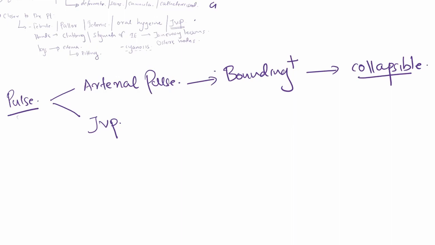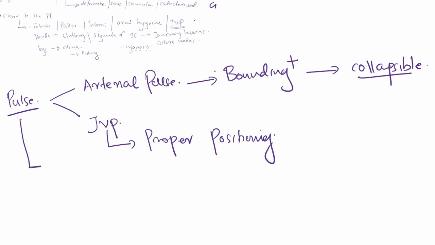Next, you have to check the JVP. So you need to ask the examiner for proper positioning of the patient. Most likely they will not tell you to do that. At the end of the pulse examination, since you are still at the hands, ask for blood pressure. Always ask for blood pressure.